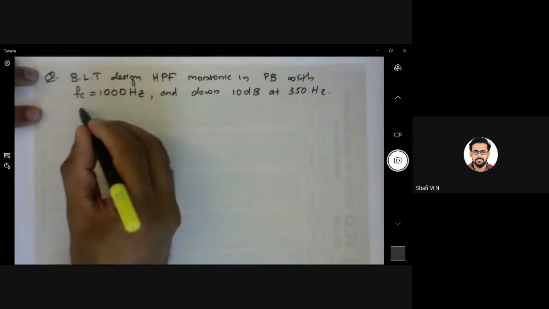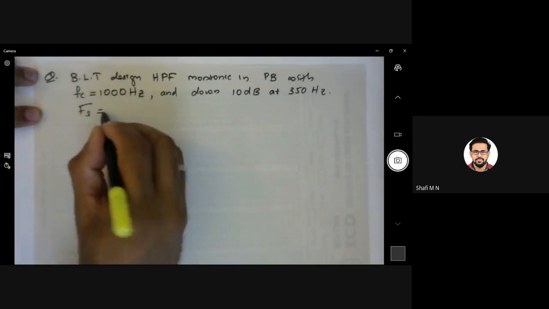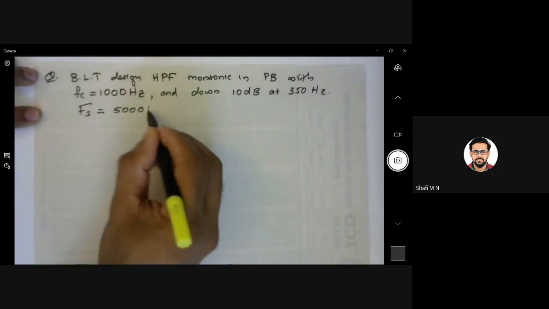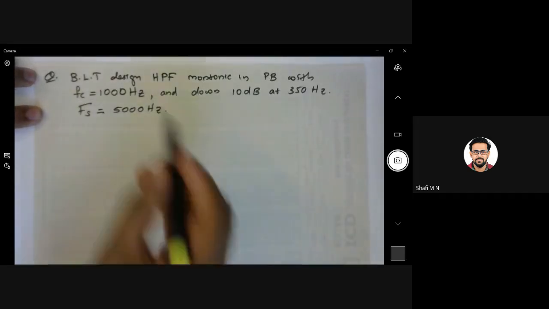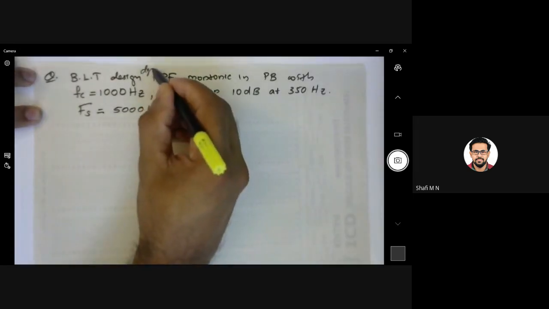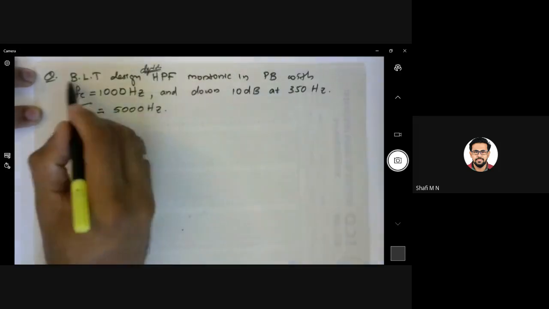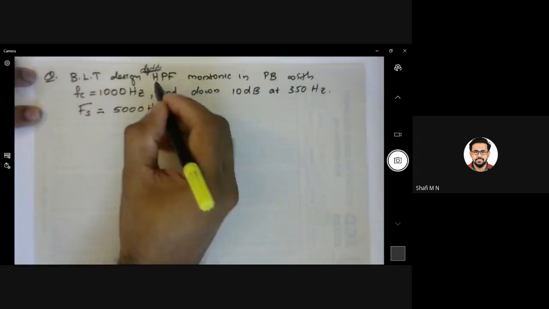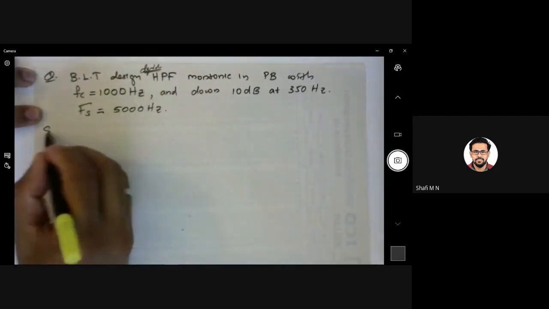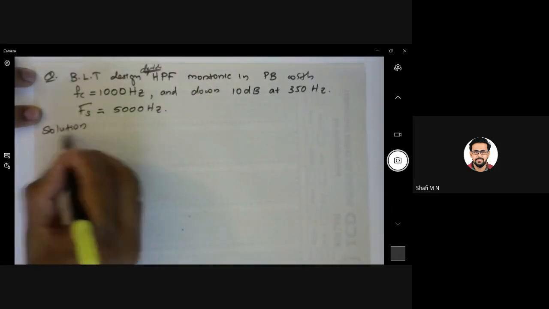Sampling frequency is 5000 hertz. So he has given us the sampling frequency also. So you have to design a digital filter. Even though it is mentioned as bilinear transformation, that means the design should be a digital filter. Just read the question once and we'll start.